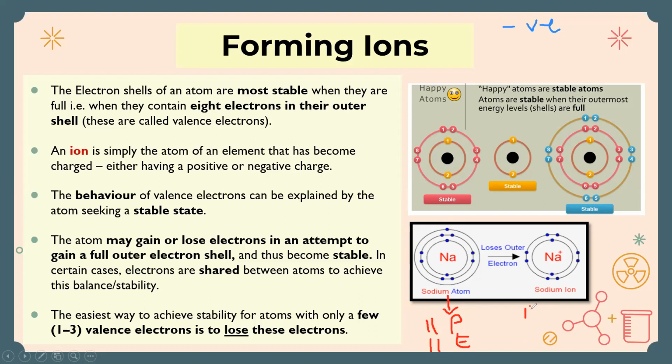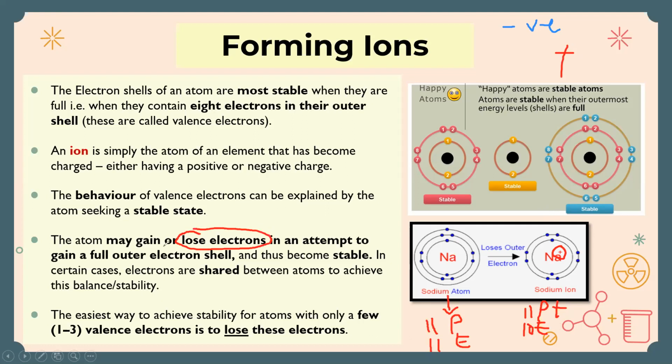We notice a pattern here where you've got 11 protons now, but only 10 electrons. So you've got more protons than electrons, more positivity than negativity, and that's why sodium gets a positive charge. That's why our cations, regardless of what element we're looking at, are always positively charged, because they've given away or lost an electron.